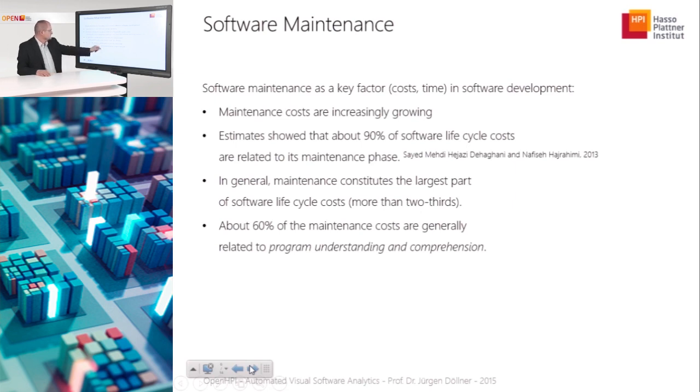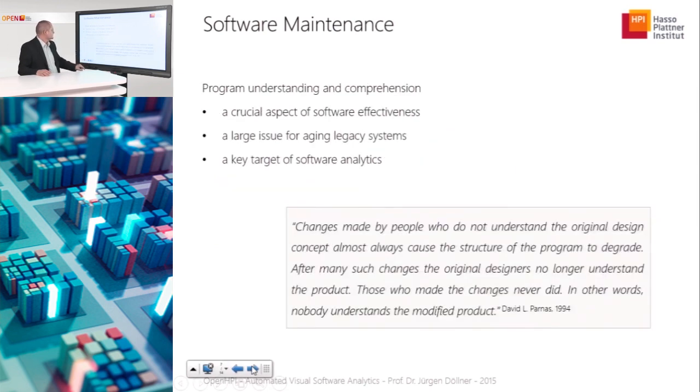So program understanding and comprehension is a key issue. It's a crucial aspect of software effectiveness. So if we talk about how effective our development process is, program understanding and comprehension should be supported. It's a large issue for any aging legacy system, and of course it's the key target of software analytics.